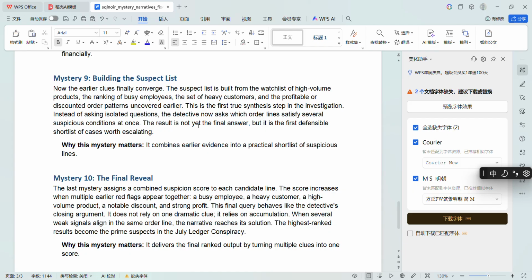The result is not yet the final answer, but it is the first defensible shortlist of cases worth escalating. Why this mastery matters: it combines earlier evidence into a particular shortlist of suspicious lines.